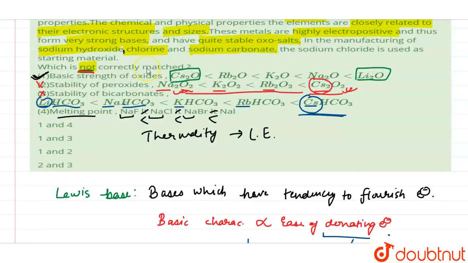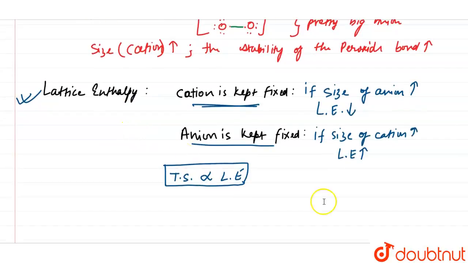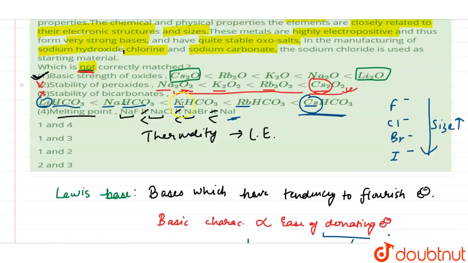So for the size of anion, we here have F minus, Cl minus, Br minus and I minus. As we go down the group, the size increases, right? So here I minus is the largest anion and F minus is the smallest anion, and as cation is kept fixed, if the size of anion increases, then lattice enthalpy decreases, and as lattice enthalpy decreases, melting point also decreases.